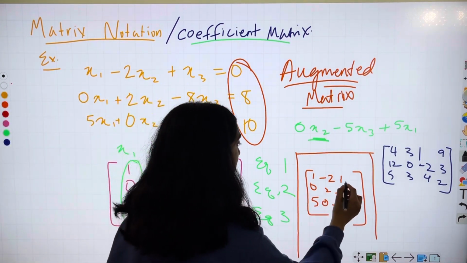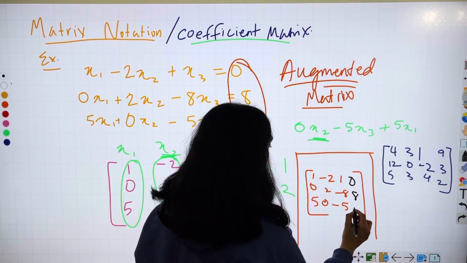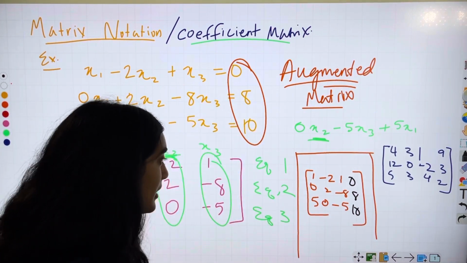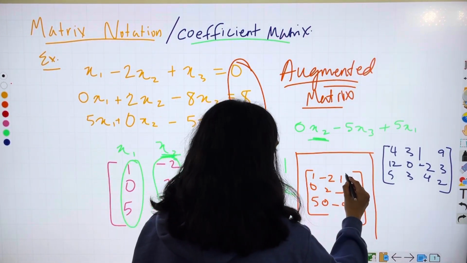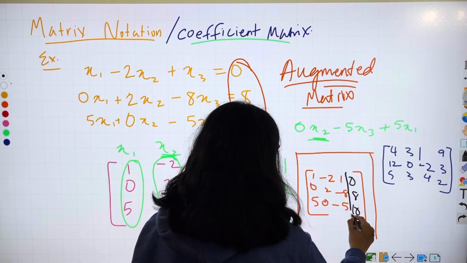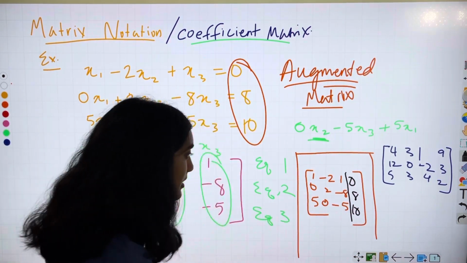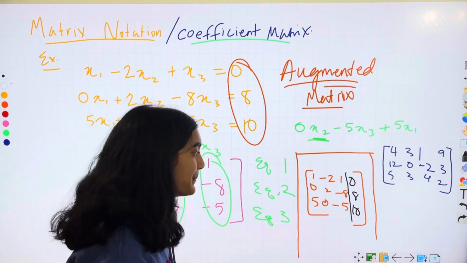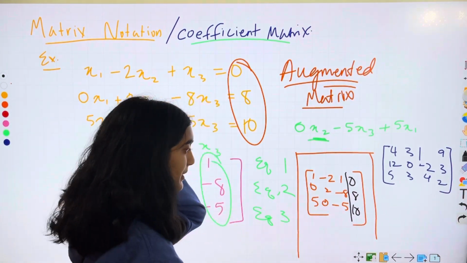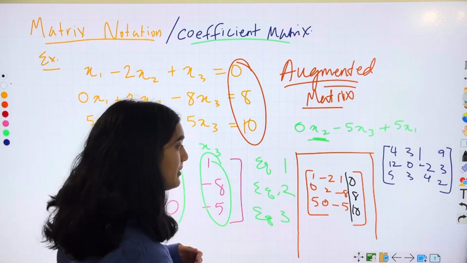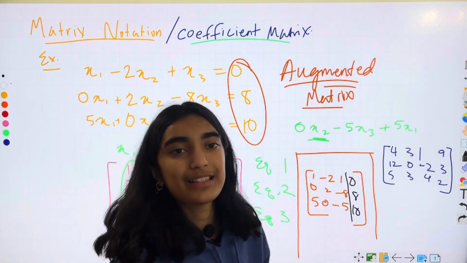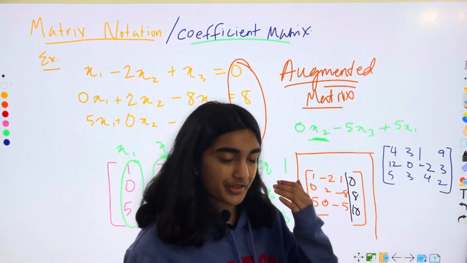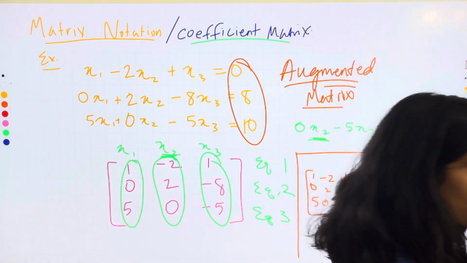Okay, so now when you look at this matrix, you know exactly what system we're talking about. And usually we put a line separating the coefficients and the constants that we're setting the equations equal to. But you don't have to if you're okay with that. It just clears up any of the confusion so that we don't think that the 0, 8, and 10 are the coefficients.